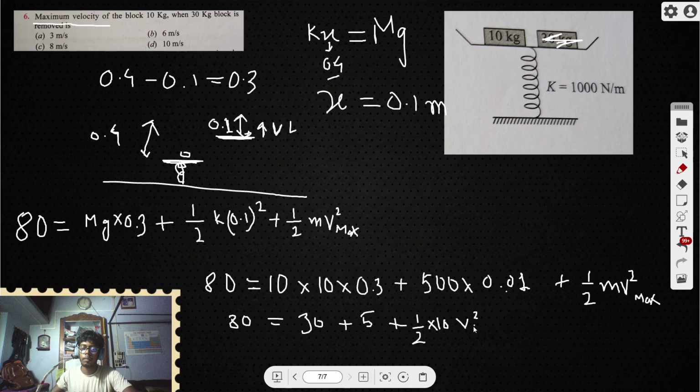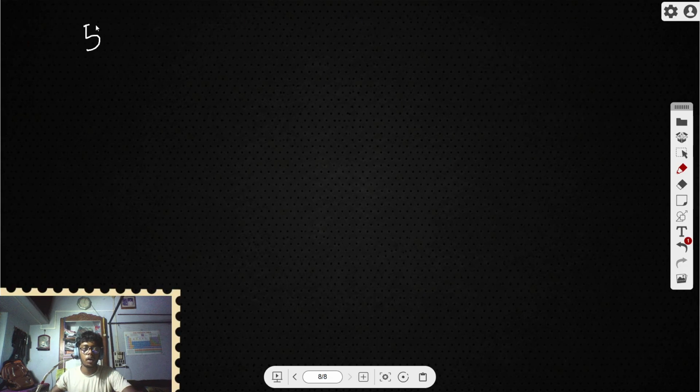So 5v square equals 80 minus 30 minus 5, which means 80 minus 35, that is 45.